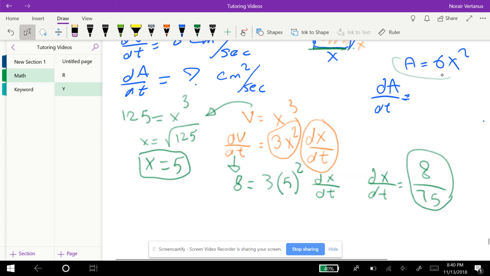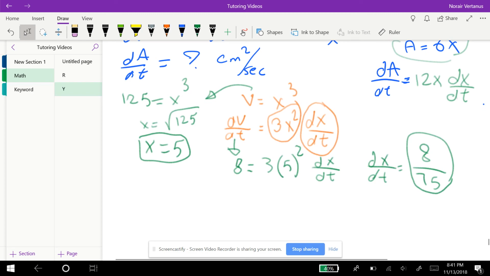Now we can use this one to take the derivative, because the unknown is dA/dt. So that's going to be 6 times 2, which is 12x dx/dt, right? And now we have all the unknowns. So dA/dt is going to be 12 times x, which is 5, times dx/dt, which is 8 over 75. So this simplifies, 75 over 5 is 15. 12 times 8 over 15.